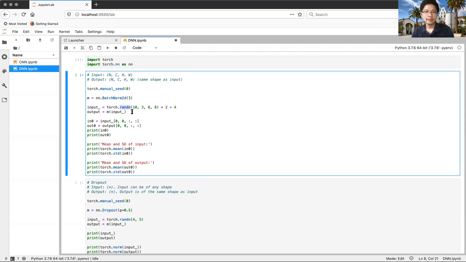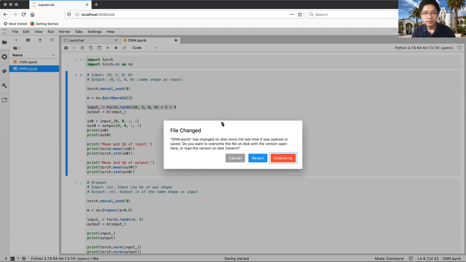This tensor has the size 10 by 3 by 8 by 8. This is a very common practice that you will encounter if you are doing a machine learning task on image data.